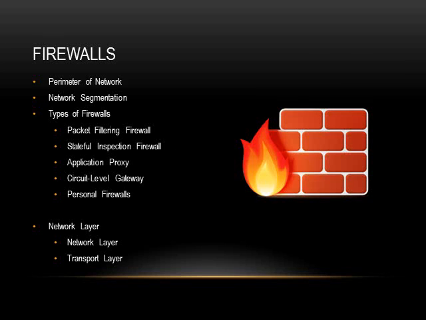Firewalls are extremely important for the safety of networks and personal computers today. A firewall controls what comes in and goes out of your network, or what comes in and goes out of your node, depending on whether you have a personal firewall or a hardware firewall for your network.